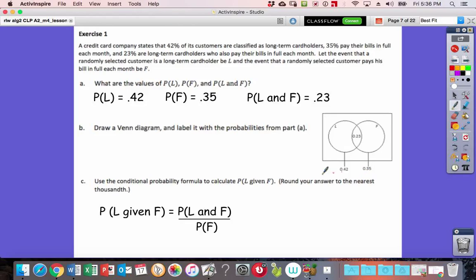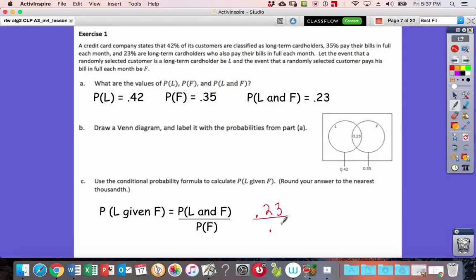Okay? Now use the conditional probability formula to calculate the probability of L given F. Well, what's the probability of L and F? It's this one right here, that both of them are true. And what's the probability of F?